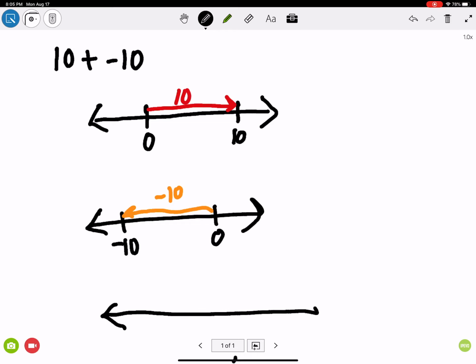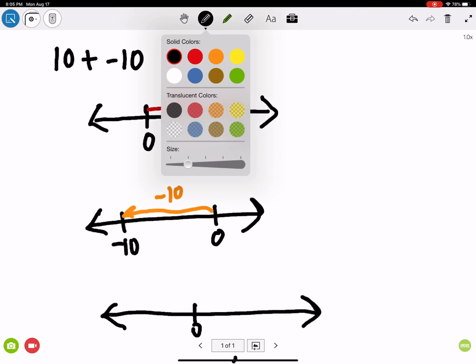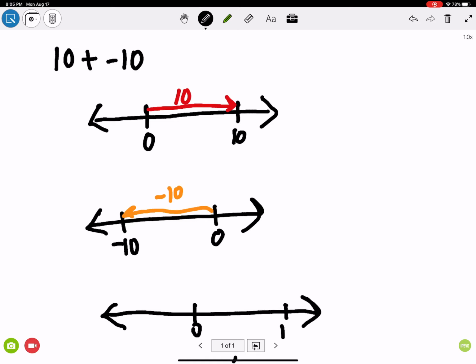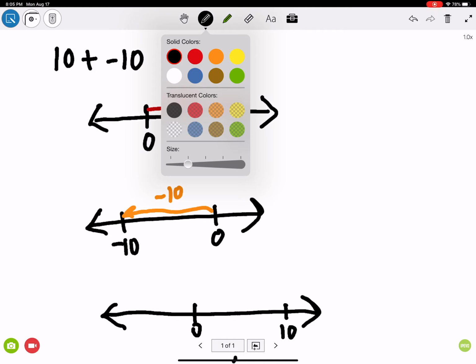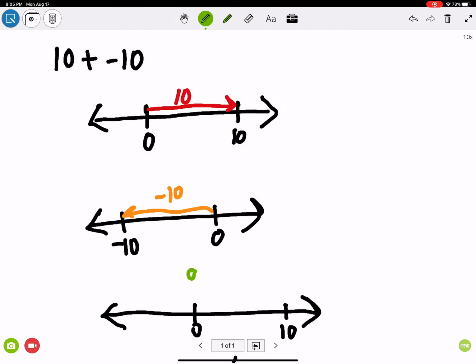Well, what ends up happening is, if I'm walking, let's say that my starting point is 0. If I start walking, I'm literally going 10 places to the right. That's where I got 10 from.